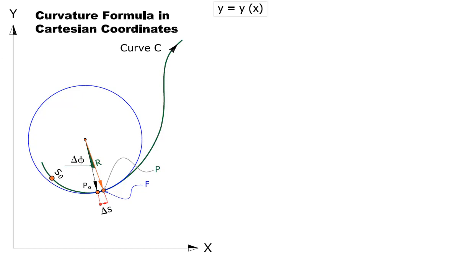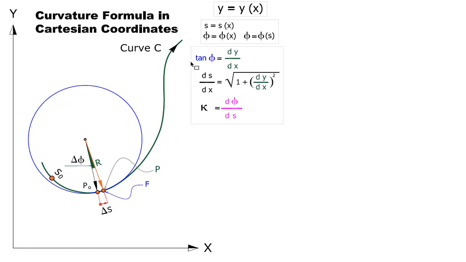For a curve given as y equal to y(x), we also assume that this function exists, and we remember the following formulas: the definition of kappa, and the derivative of s relative to x, and tan phi equal to dy over dx.